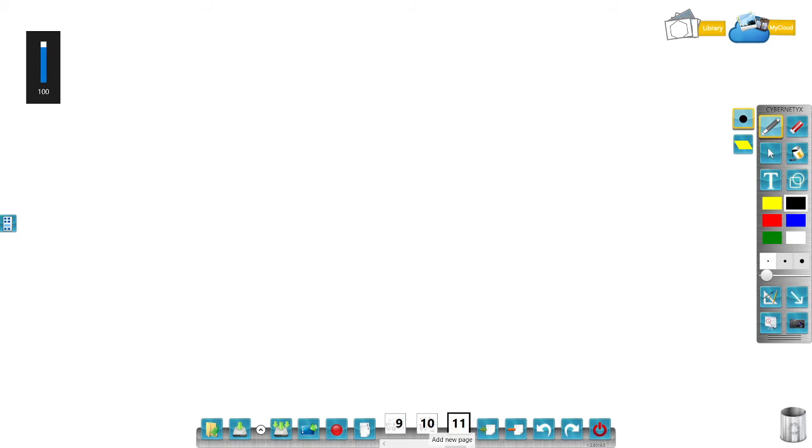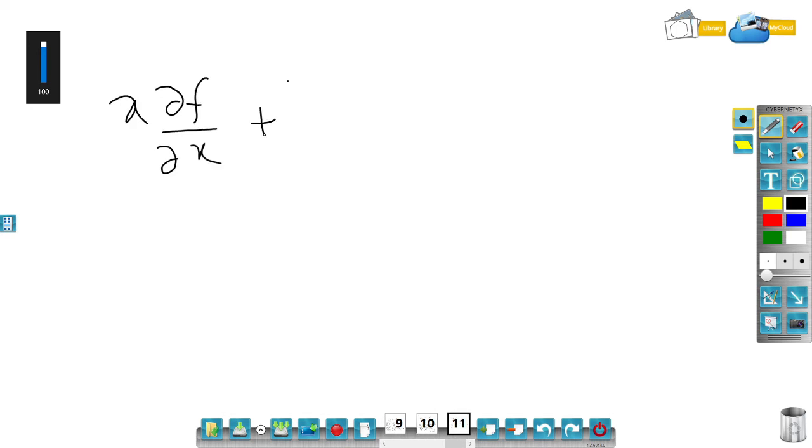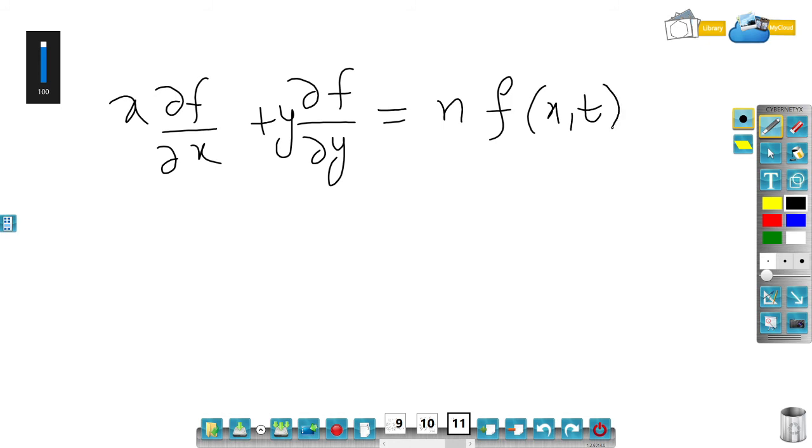So this will be x times dou f by dou x, because your u is equal to x. Similarly plus y times dou f by dou y, and here n times f of x comma y.